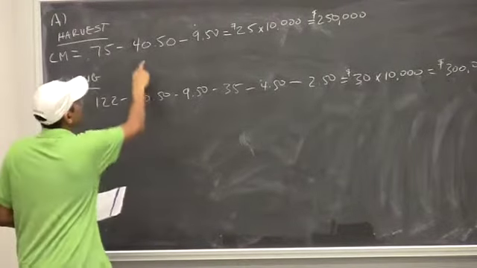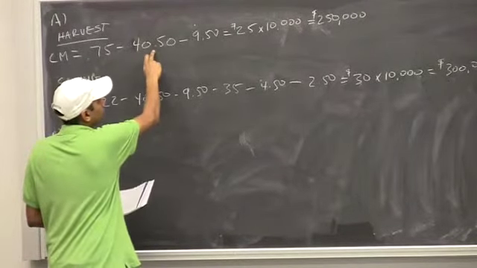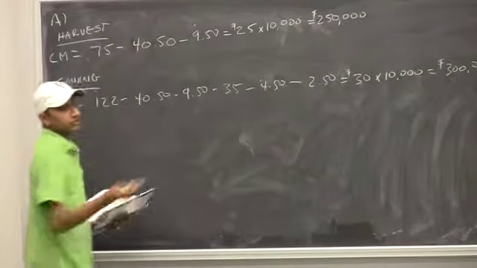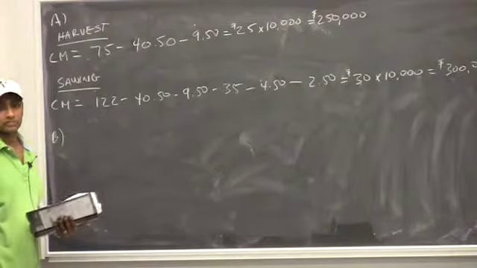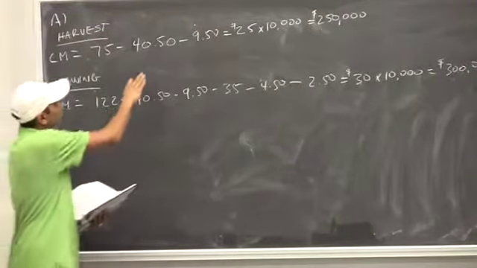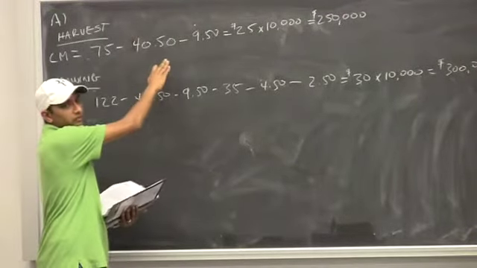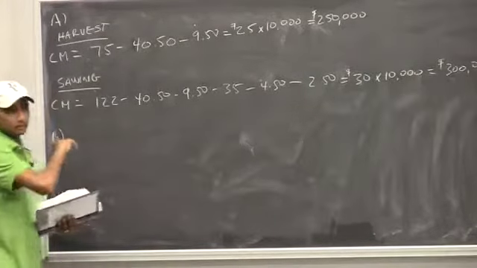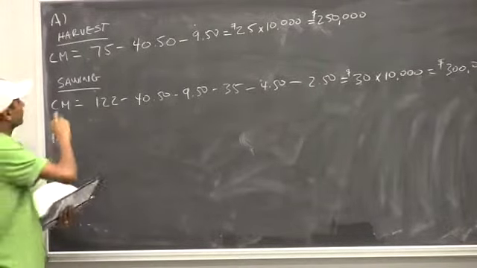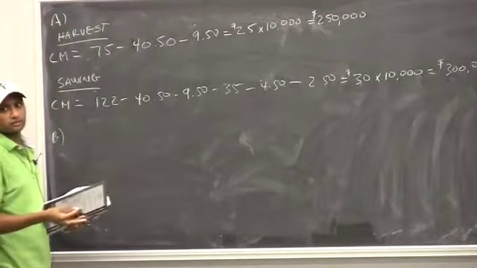They're overcharging the harvest division, because technically they could just transfer at 50, that's their variable cost. But they're transferring at 6150, so they're overcharging more than they need to.